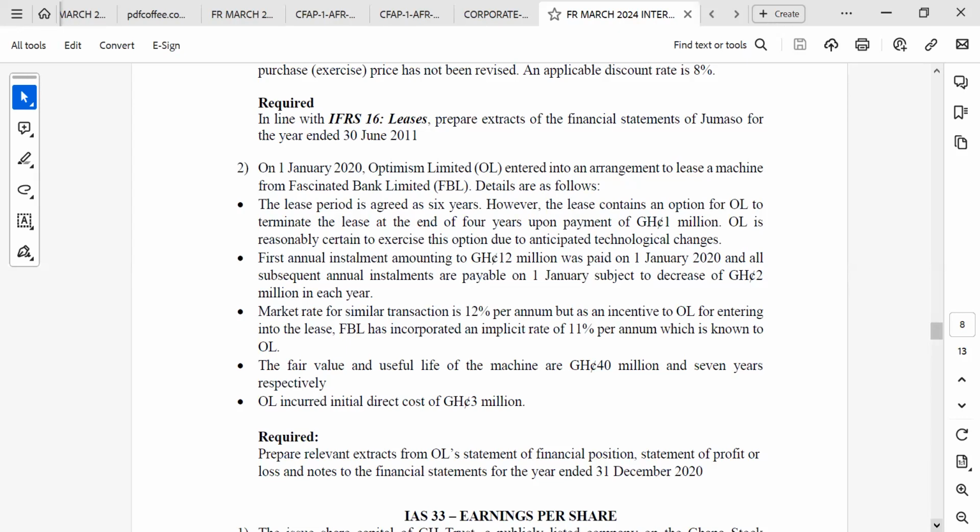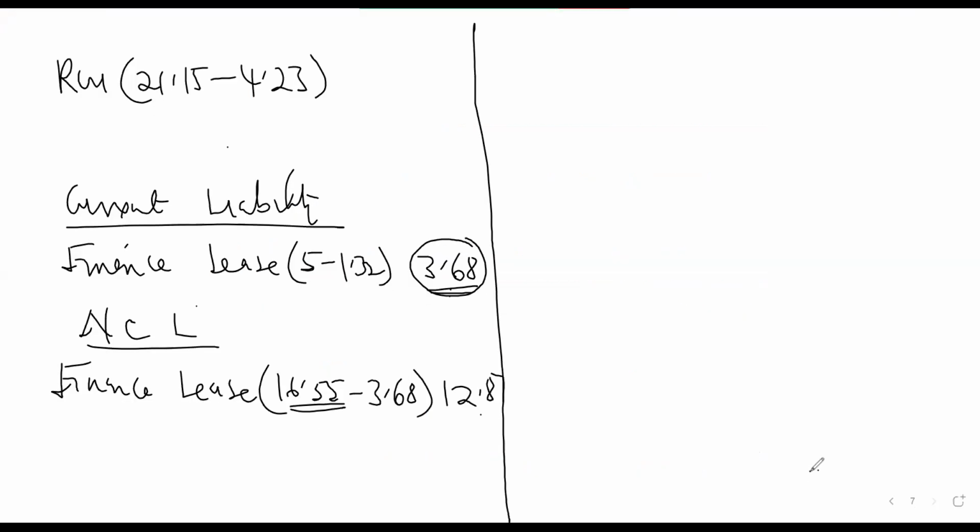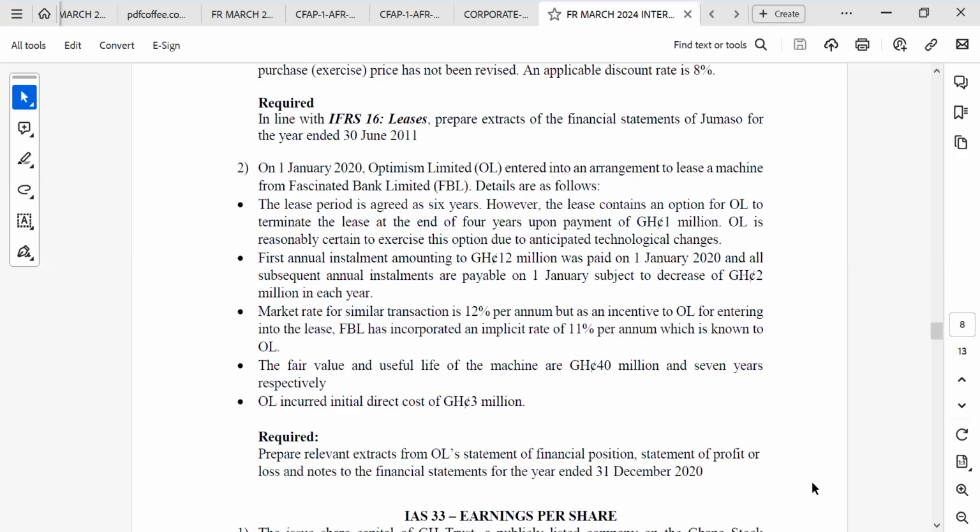But as the lessee, you should always recognize the asset at the lease liability plus any direct cost or any initial deposit. So let's come here. In the question, what is the lease period? 6 years. Okay. But they are saying that the person has the option to terminate the lease at the end of what? 4 years, paying what? 1 million, isn't it?